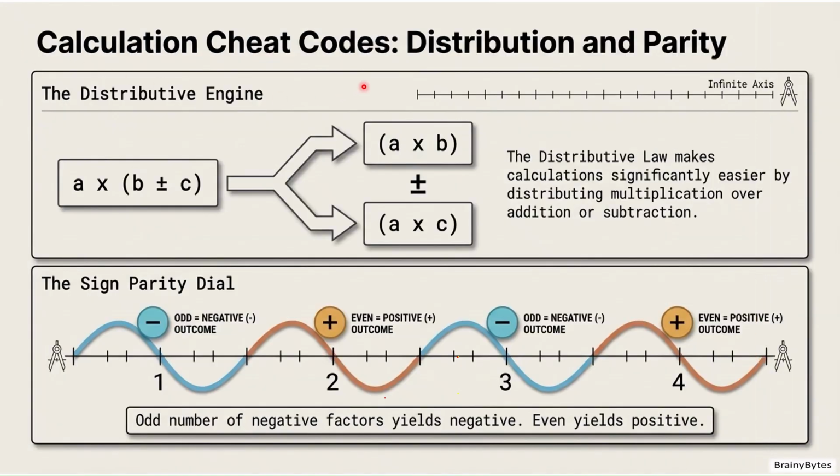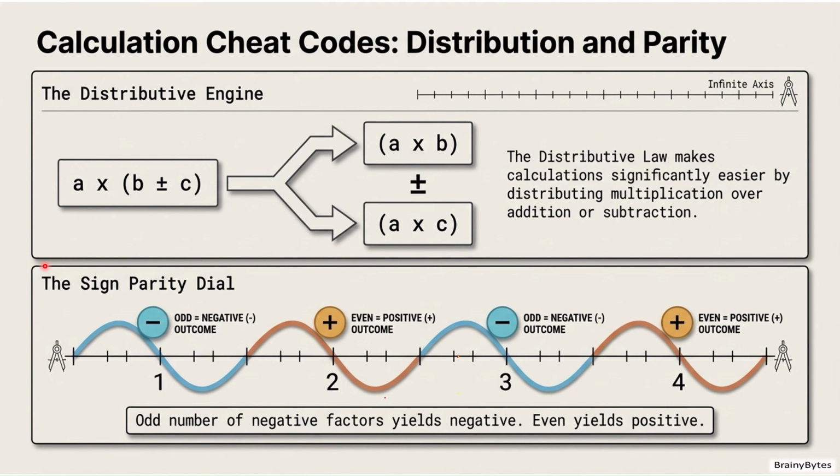The calculation cheat codes. Now we'll talk about the most important property of distribution and the sign parity dial. First, the distributive engine. The distributive law makes calculations significantly easier by distributing multiplication over addition or subtraction. You shall understand it in more detail in the next slide, so chill.